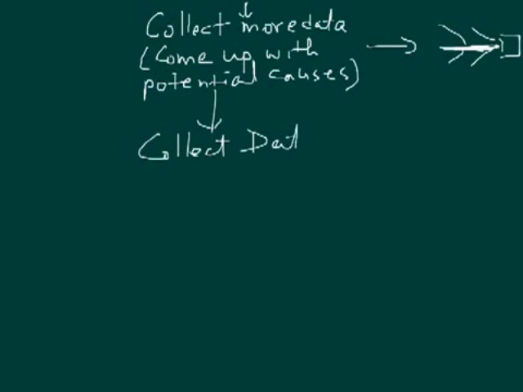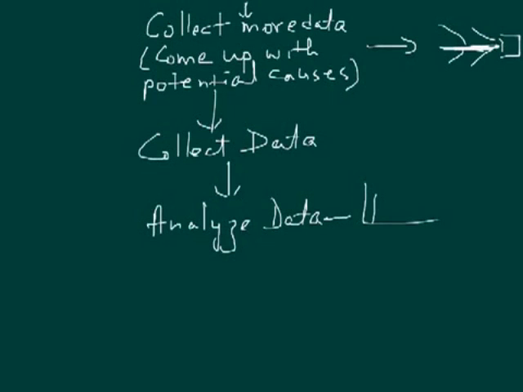Once you come up with the potential causes, you may want to collect more data to support these potential causes, the majority of them, and then you analyze the data. When you analyze the data, you can use Pareto diagrams. It's up to you.